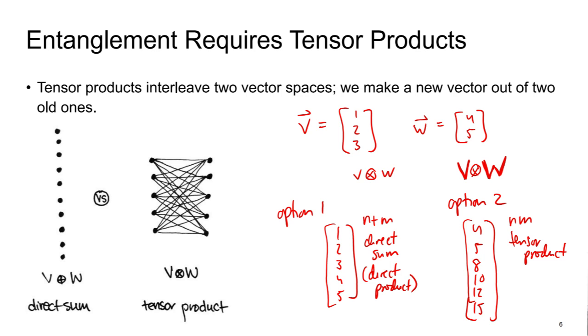This is the same as the direct product. And the second is our tensor product. And so that's sort of it. So you can see kind of graphically on the left, option one is our direct sum, where we're just adding all the numbers and making a bigger vector out of two smaller ones. And on the right, we're interleaving the two vectors to get this kind of product vector.